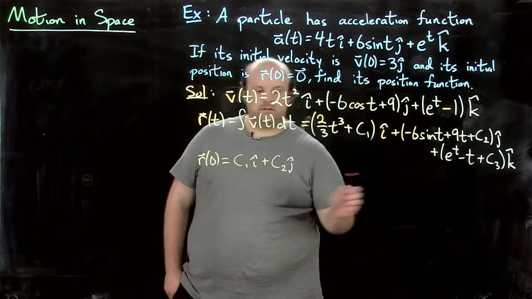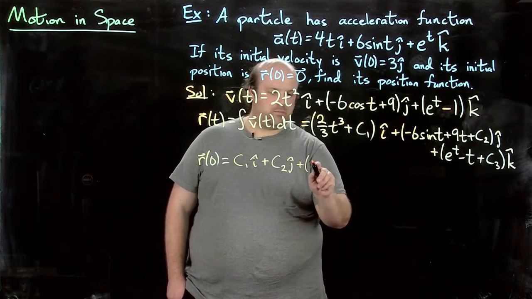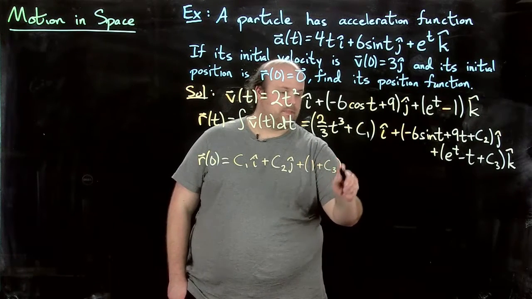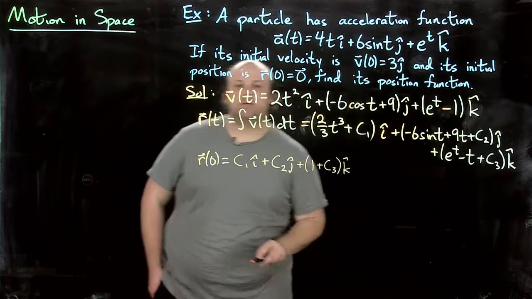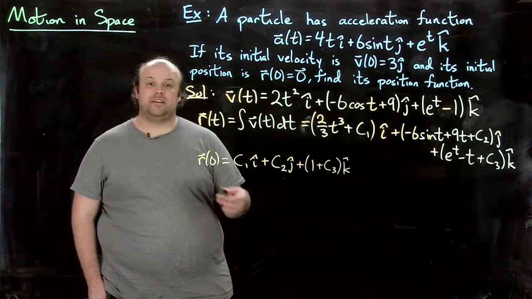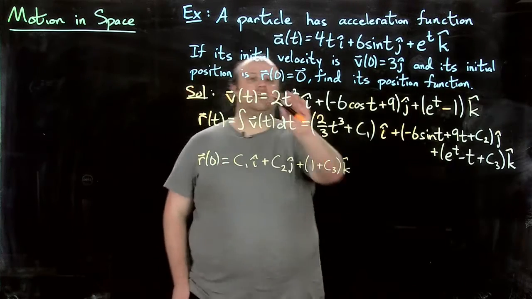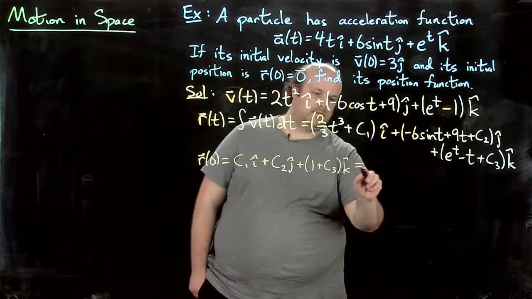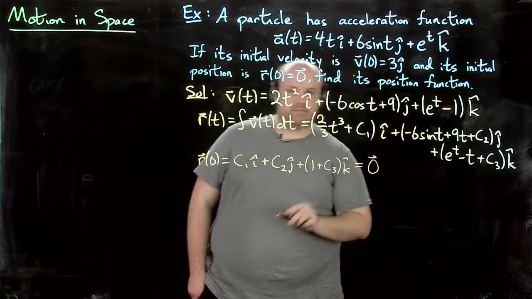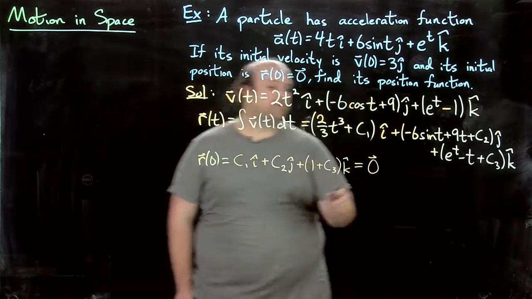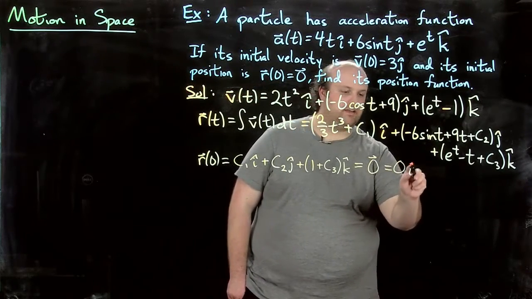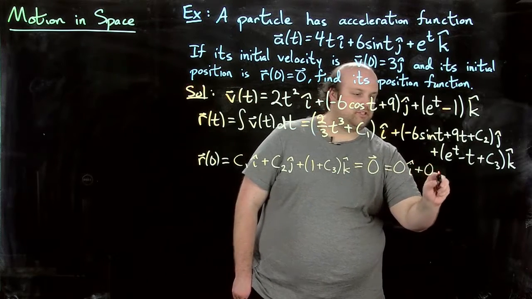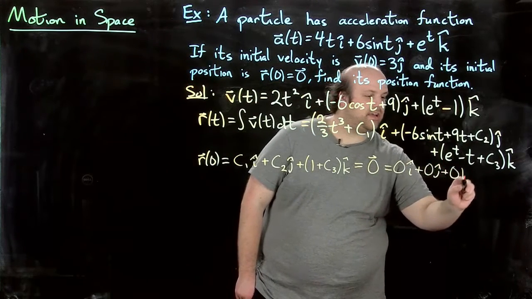And over here, we get 1 plus c3. Okay. Right? And that's going to be the 0 vector. That's our initial value here for the position. So the 0 vector, which if you remember is 0i plus 0j plus 0k.